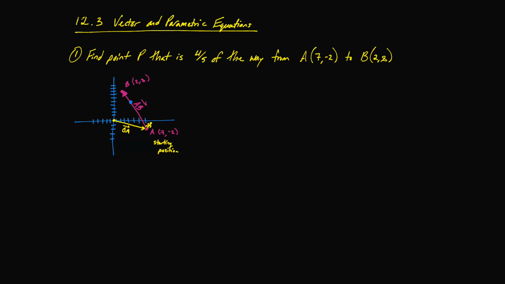To find our point P, we can say that this is going to be the OP vector, and this is some X, Y position.